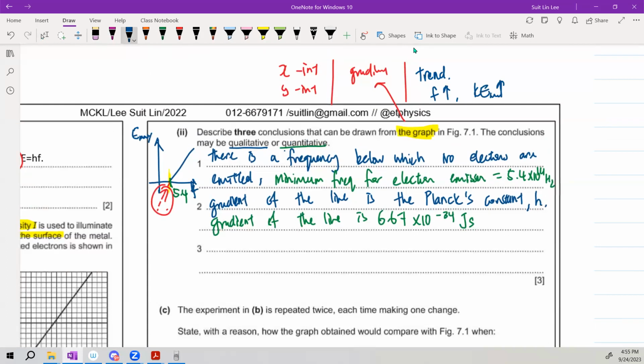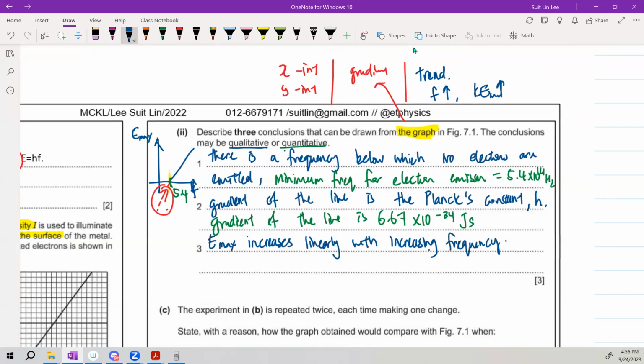So I could say that the Emax, maximum KE, increases linearly with increasing frequency. This one has no quantitative option besides maybe writing the equation, but I don't want to.